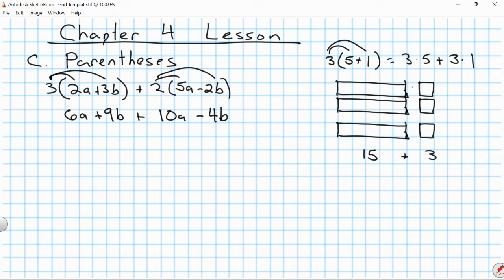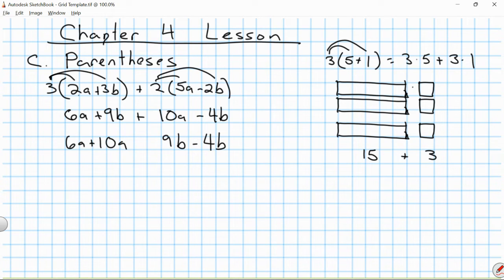Now that the parentheses are out of the way, these a's and b's, these Capulets and Montagues, are free to intermingle. So this 10a and this 6a are going to want to be together. My darling. And this 9b and this minus 4b are going to want to be together.